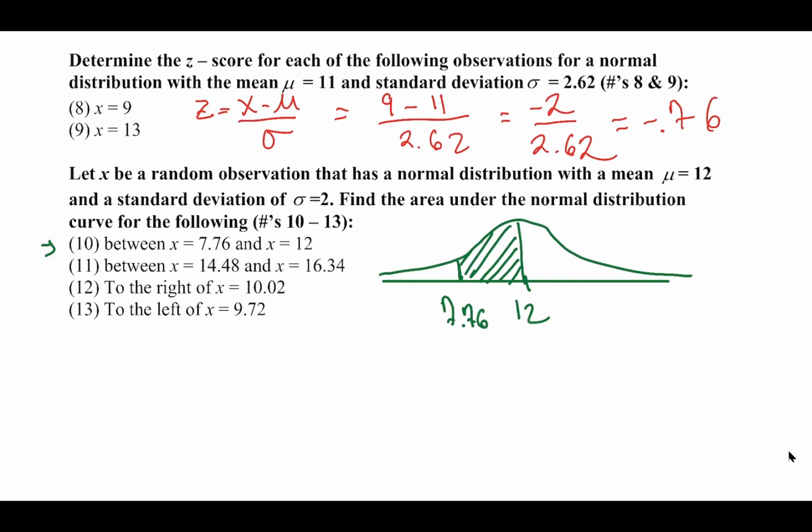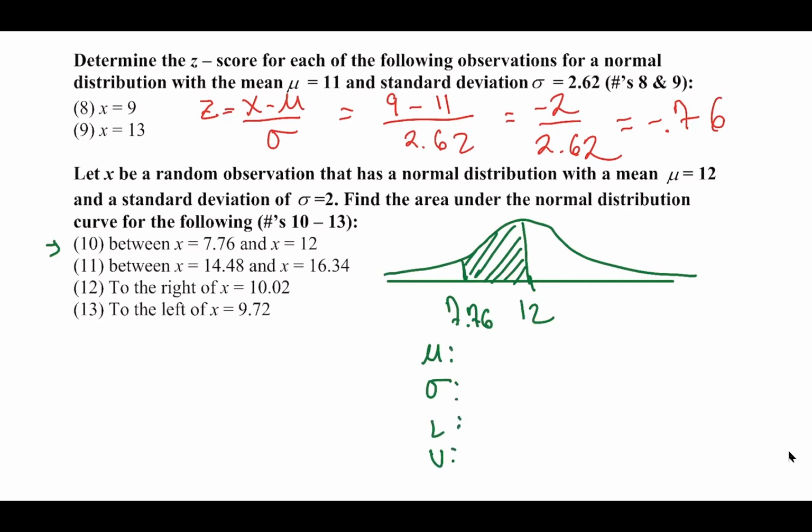If we're entering this into ClassCalc or the TI-84, you're going to need this information: lower, upper, mu, and sigma. Mu will be 12, our sigma will be 2, the lower bound will be 7.76, and my upper bound will be 12. Any questions so far? I got mu, sigma, my lower bound, and my upper bound.